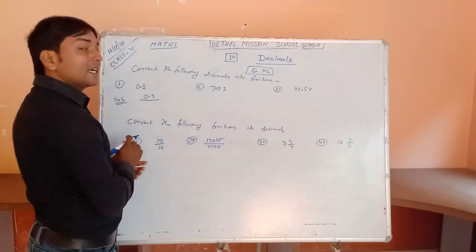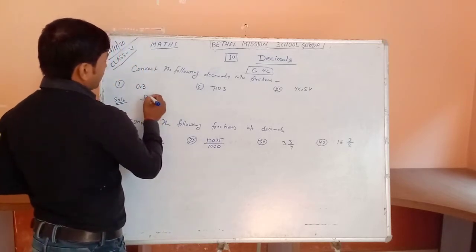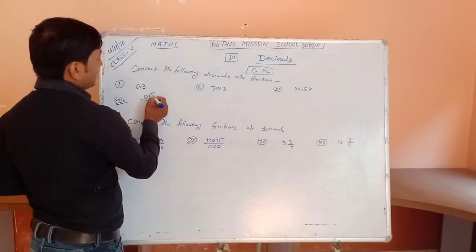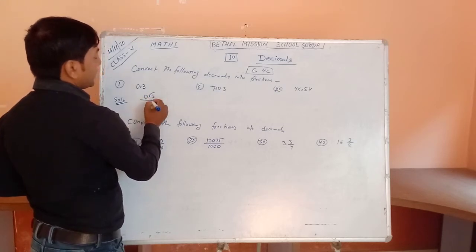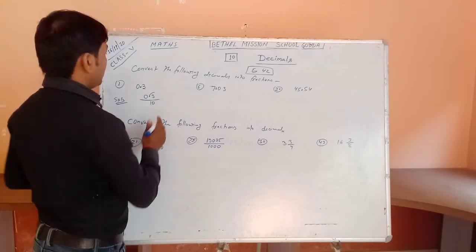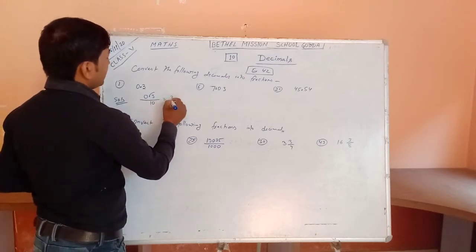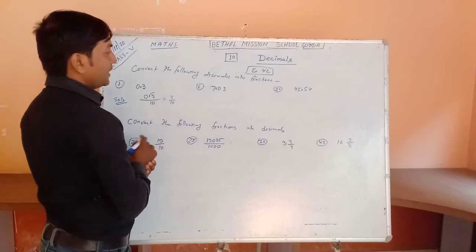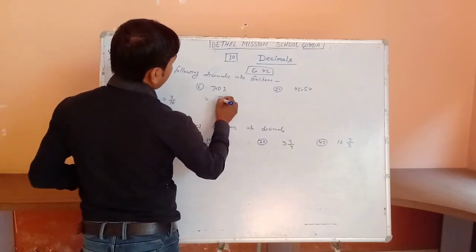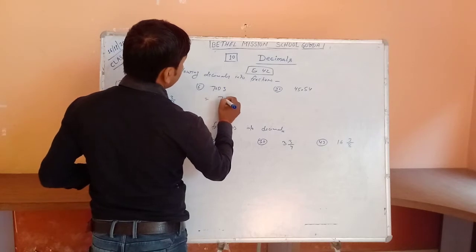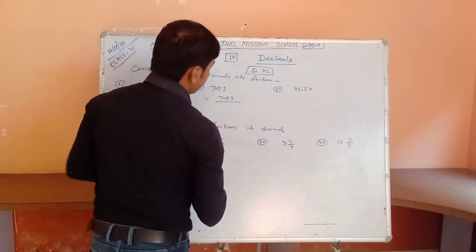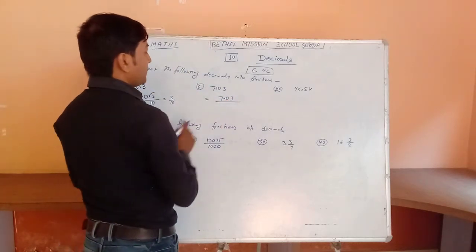There is 1 decimal place, so you can remove the decimal and give 0. If there is 1 decimal place, then give 1 and 0, which means 10. It became 3 upon 10. Okay, very simple. First write whatever number is given and give a 1 by symbol, and then count the decimal places.